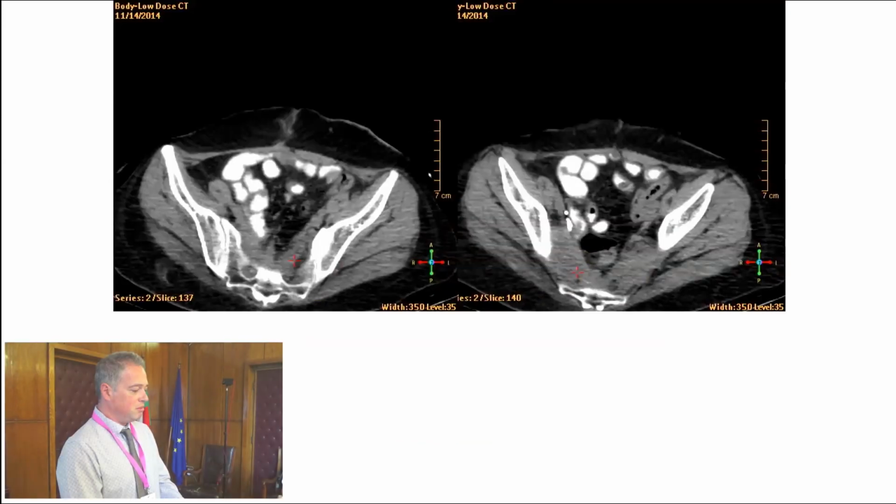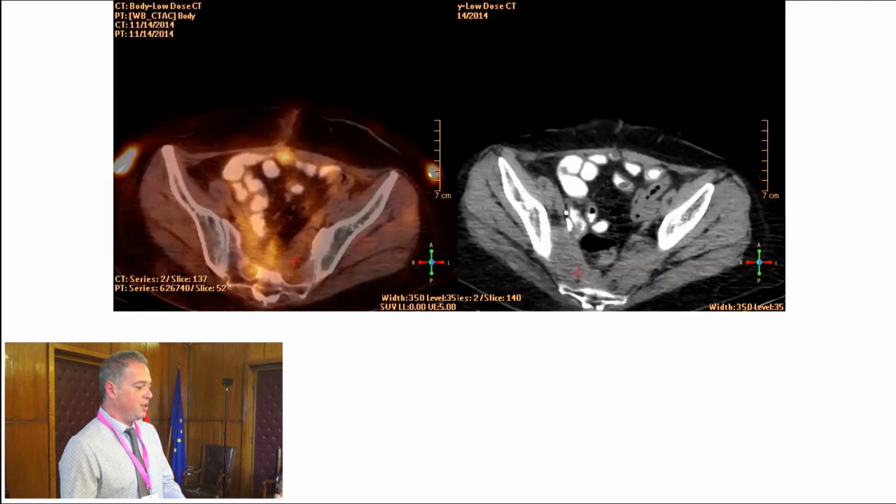This is the CT scan, which looks almost normal. But when we highlight it, we see these things are actually tumor infiltration, although they look like normal peripheral muscle. What to notice here is this part in the sacral channel.